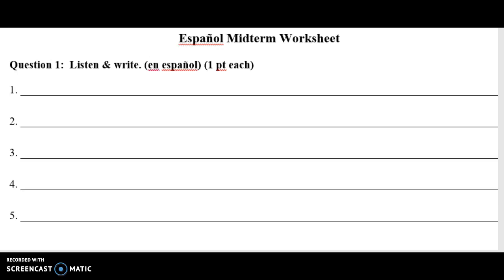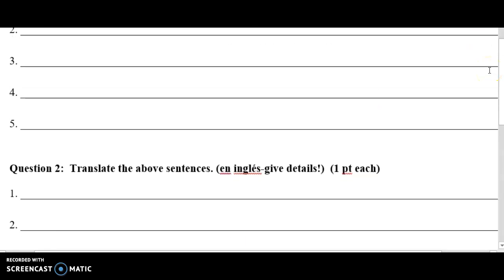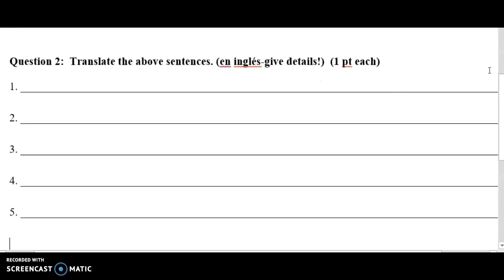All right, so for question 1, you're writing all 5 of those sentences or questions in Spanish, spelling everything correctly. For question number 2, you are going to translate those questions into English and give details for ambiguous people.